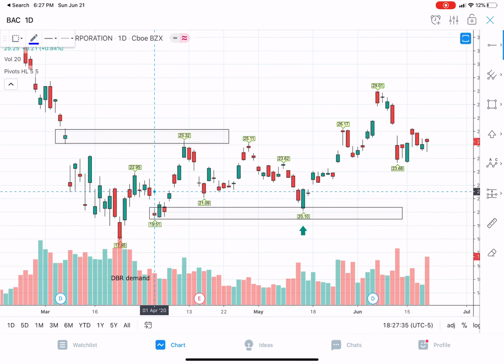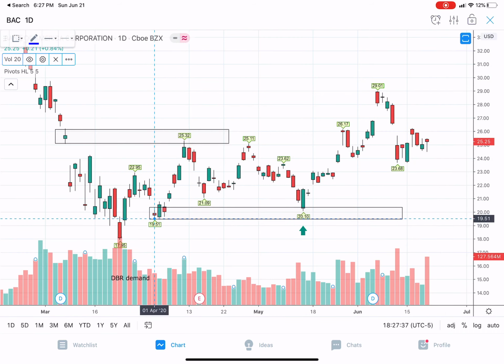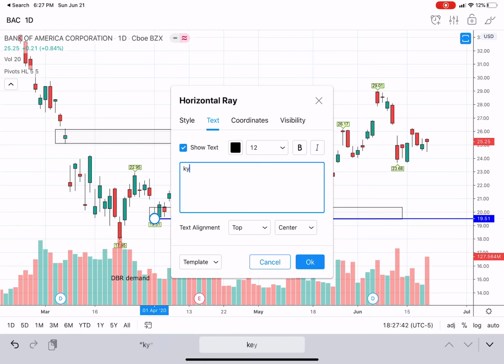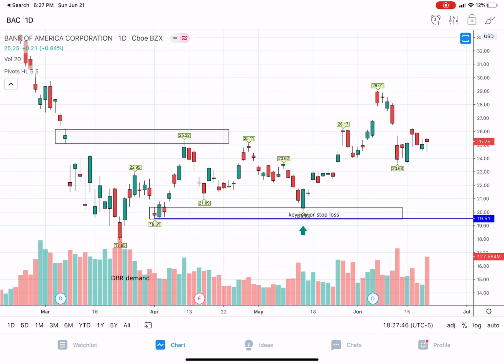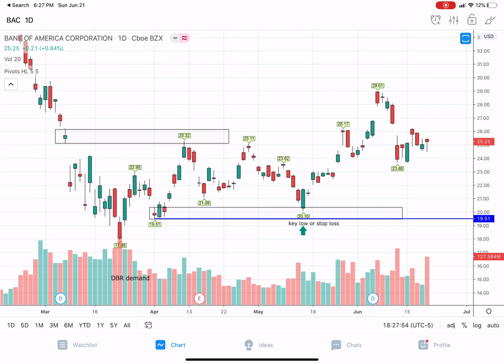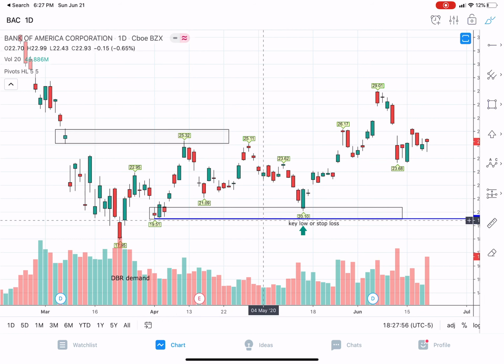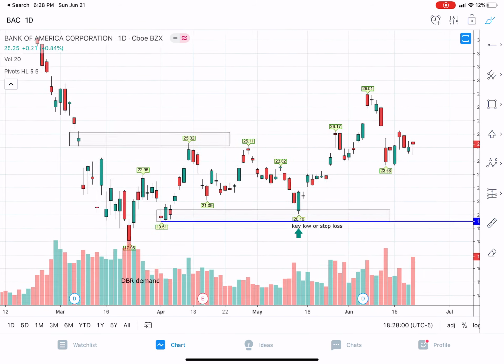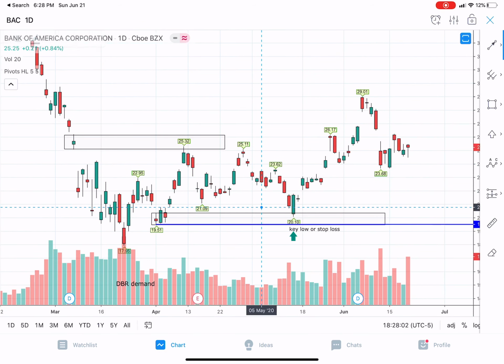Our stop loss would simply be placed at the previous key low. Right, so the entry would be here, and then we get price to take off, and price just viciously takes off.